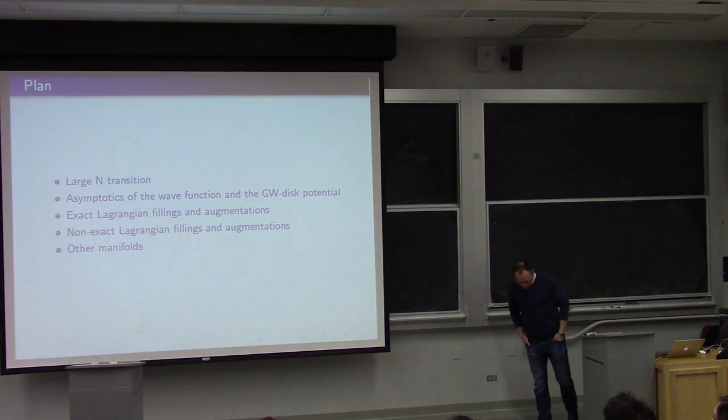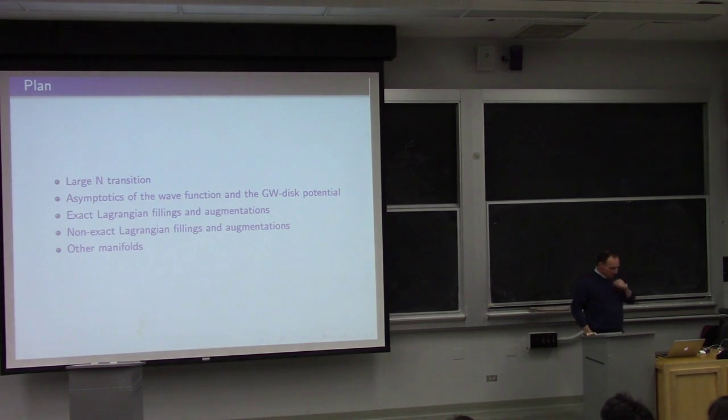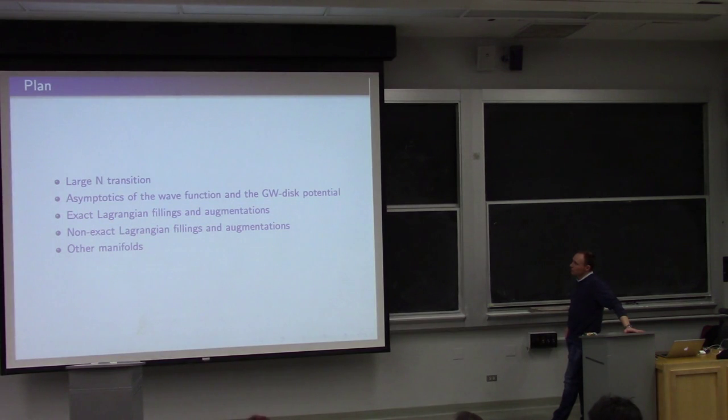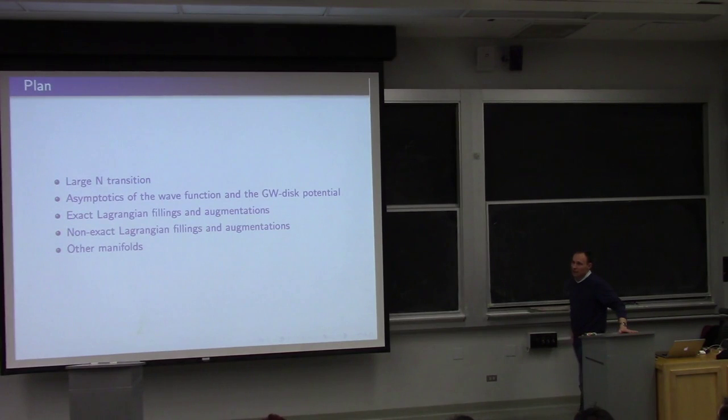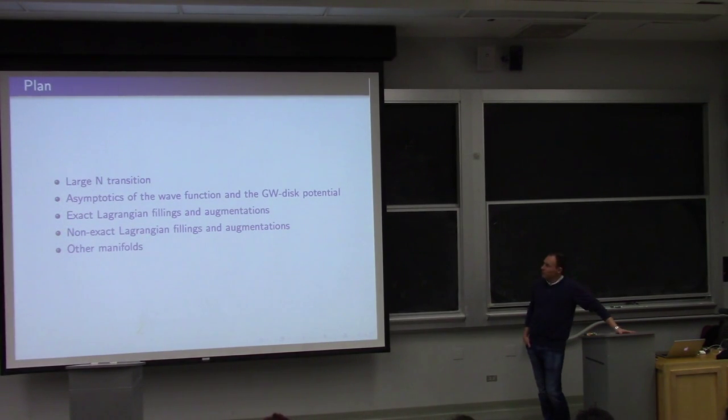Today's talk will be about a part of non-contact homology that is related to the physics story that I told yesterday, particularly to this topological string. We will start by finishing off the talk from yesterday and discussing large N transitions.